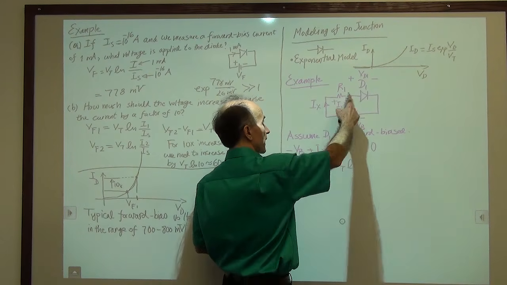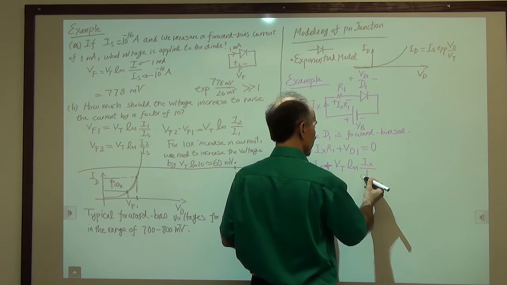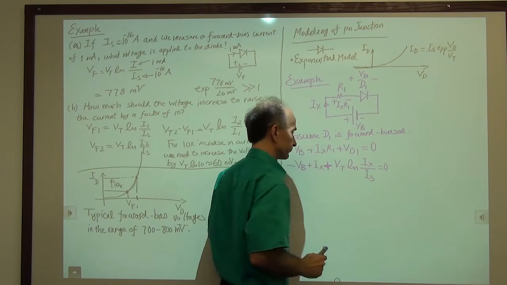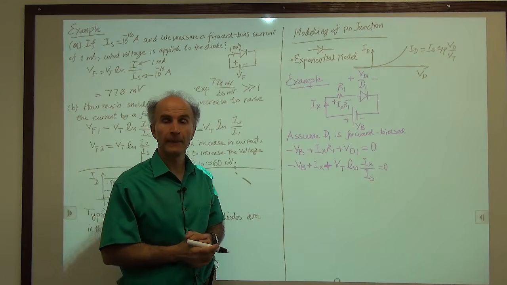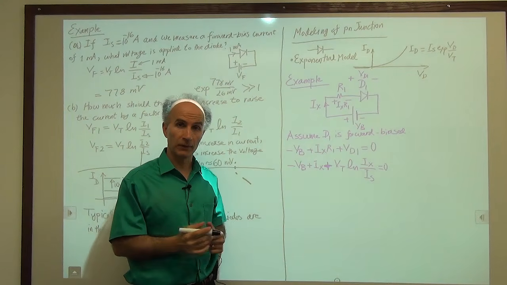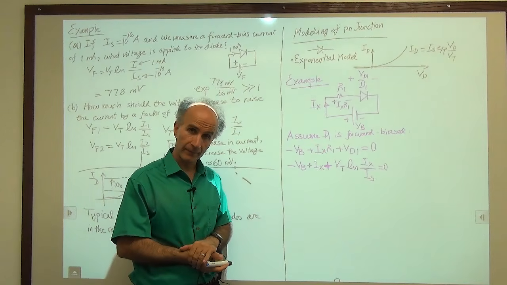How much? Ix divided by the reverse saturation current of the diode. This is equal to 0. This equation tells us everything we need to know. So I need to solve this equation to find Ix.